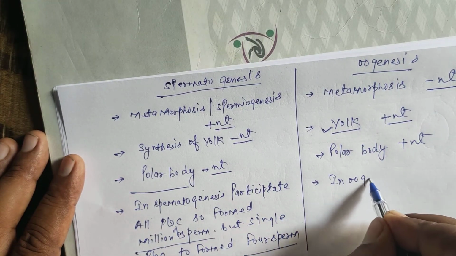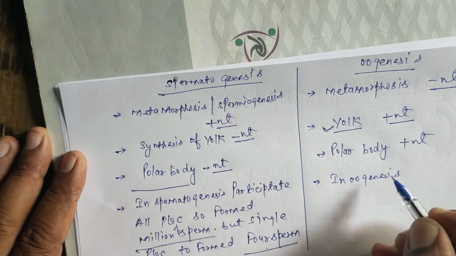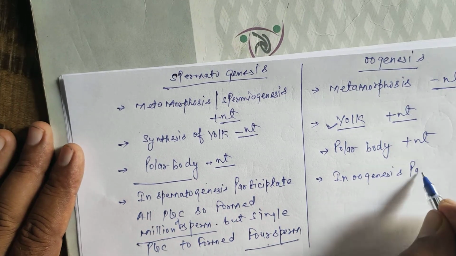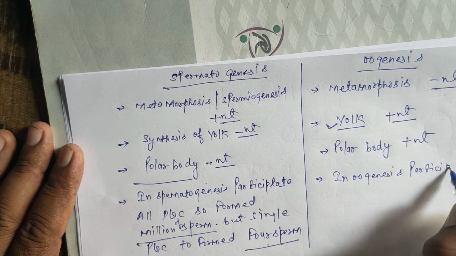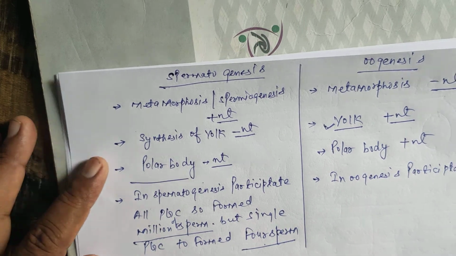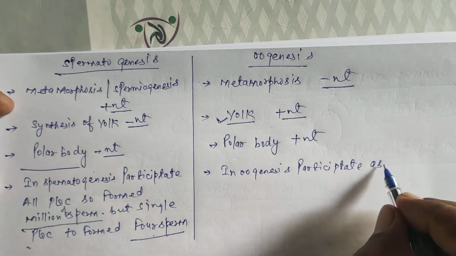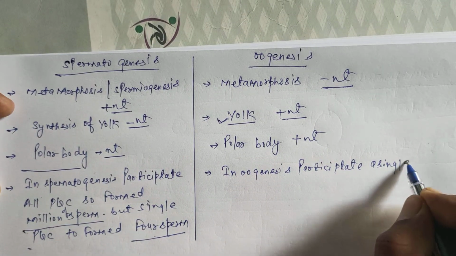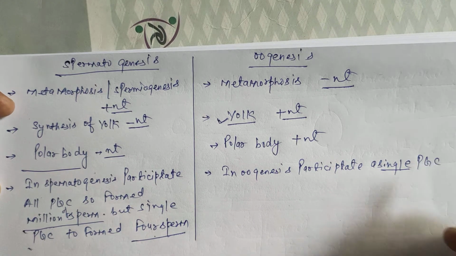Next, in oogenesis a single PGC participates.